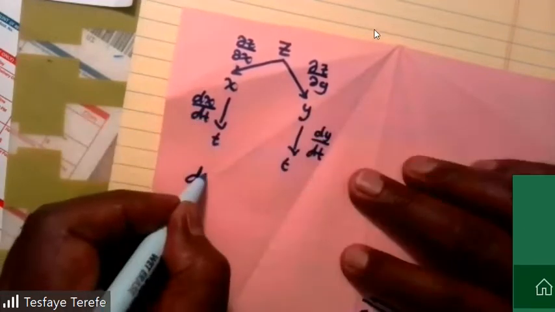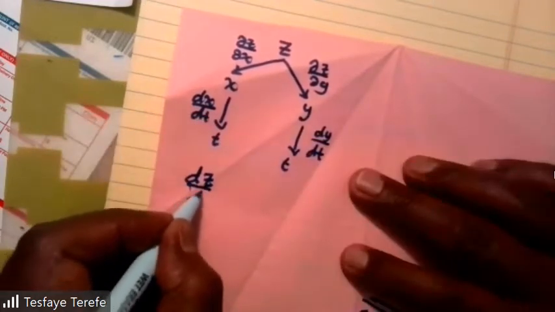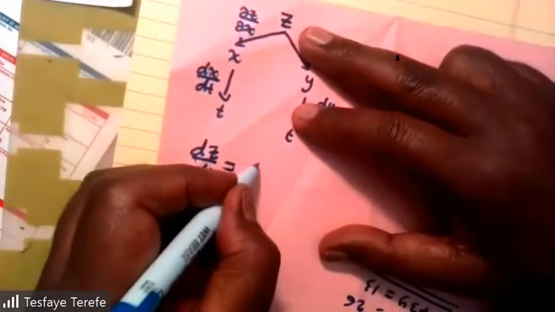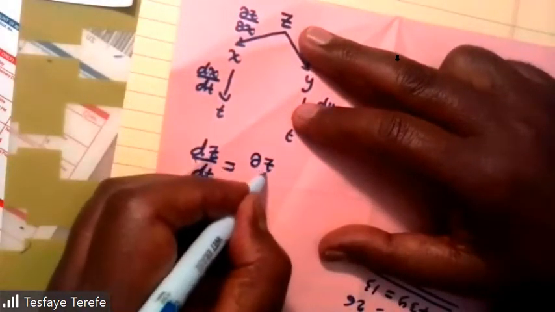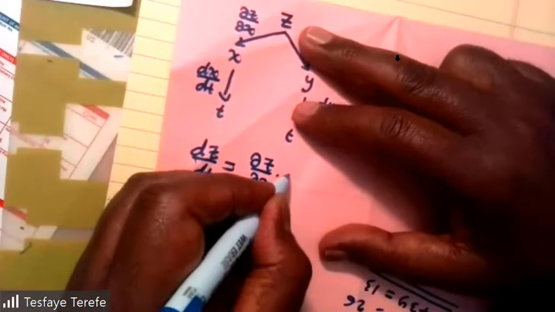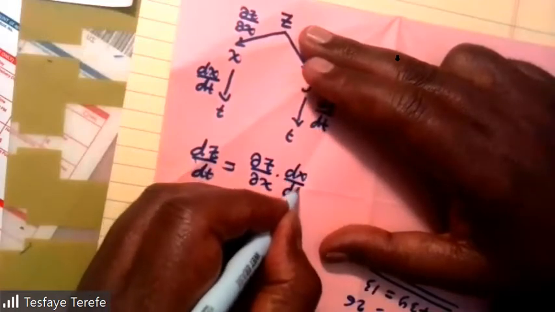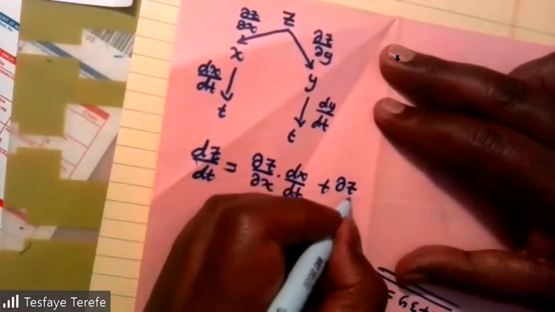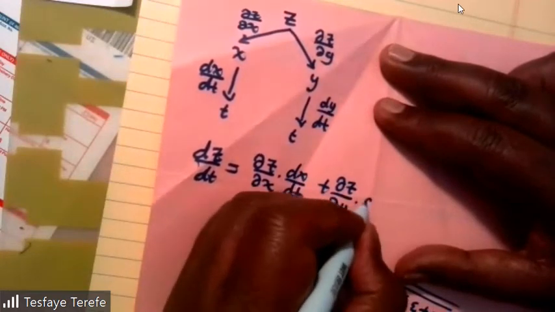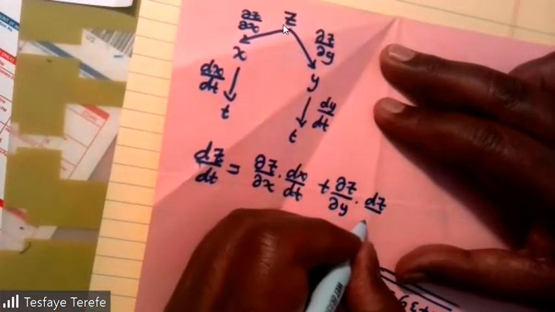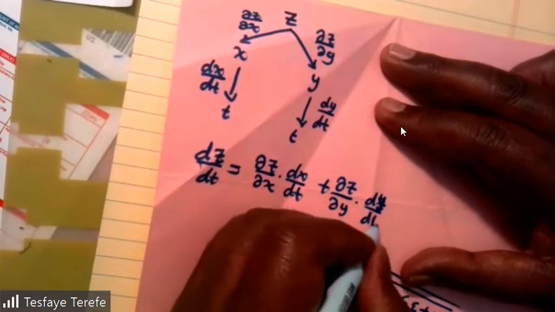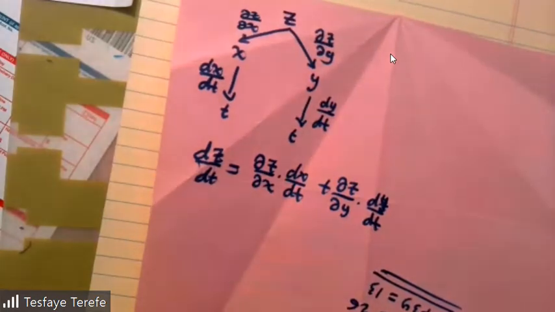So the rate of change of z as a function of t will be then this route, ∂z/∂x multiplied by dx/dt, plus ∂z/∂y multiplied by dy/dt, I'm sorry. And that is how the formula is derived.